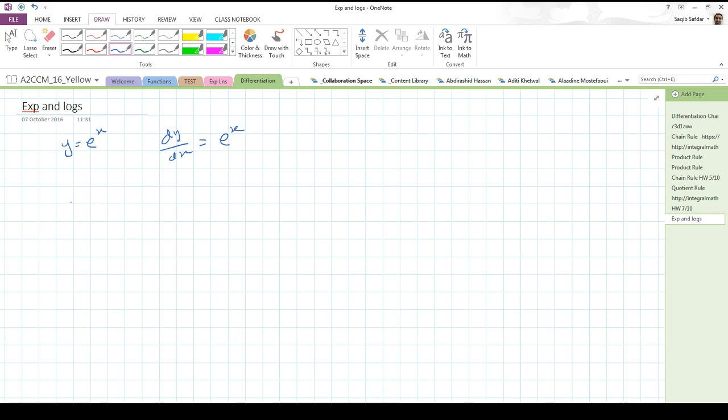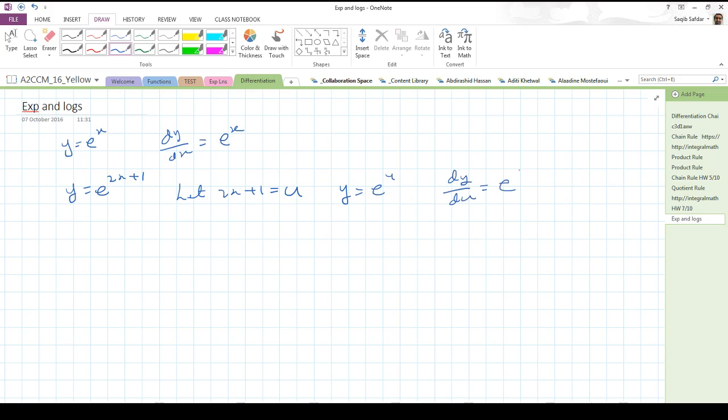Because if I had y equals e to the 2x plus 1, for example, what I could do is say let the 2x plus 1 equal u, and so y equals e to the u. In that case, the dy over du would be what?